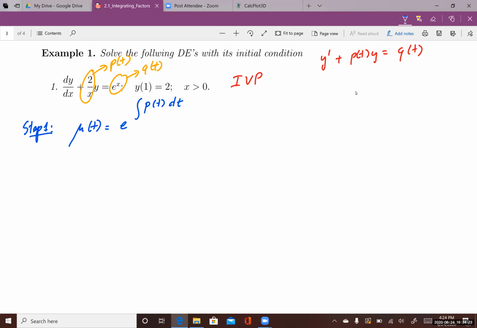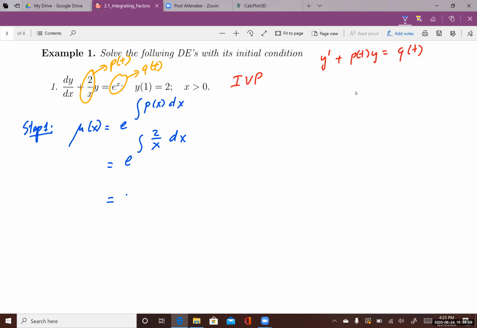Now you can try to find this mu of t, and it is e raised to the integral of 2 over x dx. In this case, x is the independent variable, which means I need to use x instead of t. So what is the integral of 2 over x dx?